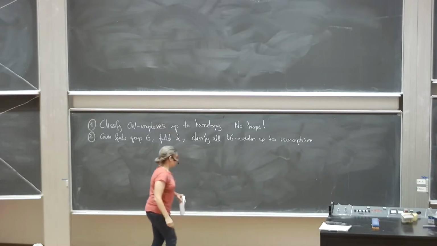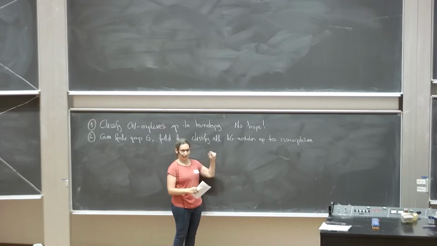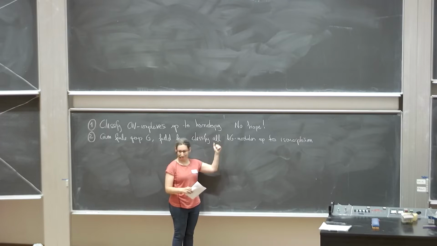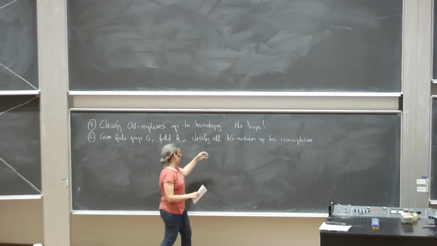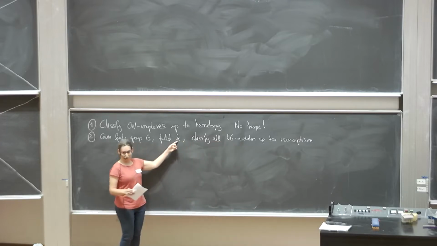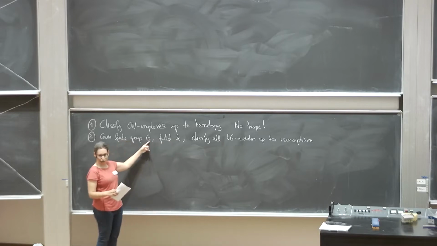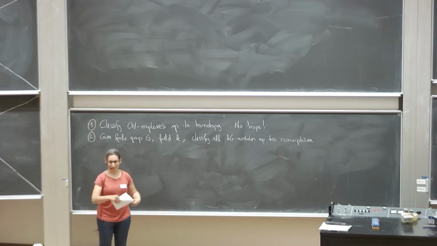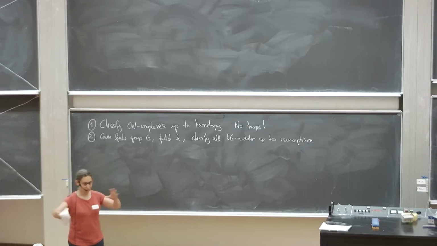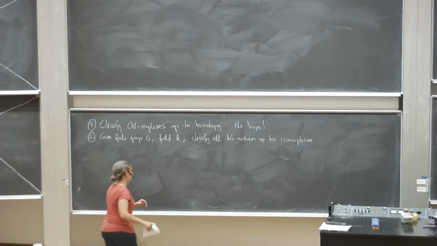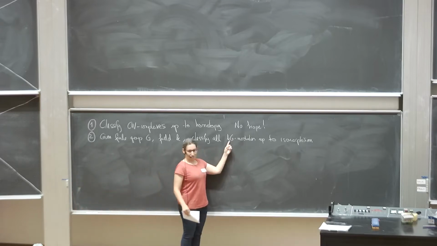And what do I mean by a KG module? You can unpack this definition, and a KG module will be a K module with an action of the group G in which everything is compatible, right? And you can put these 2 compatibilities together by constructing this group algebra.